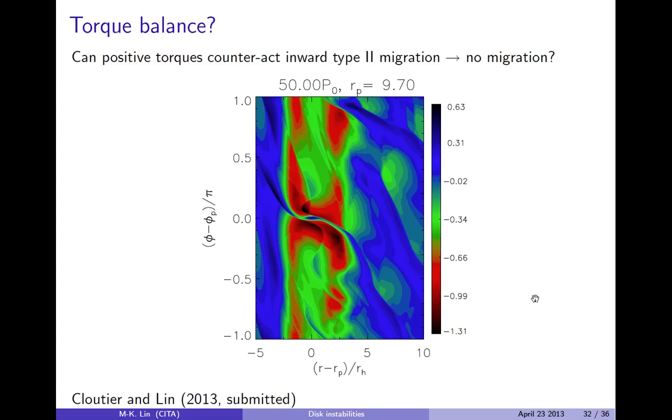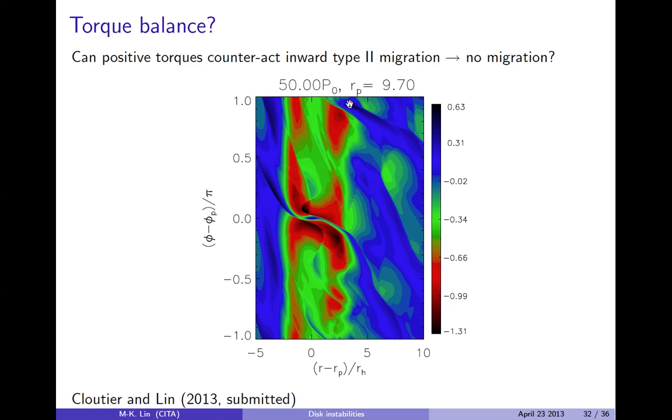So we thought maybe we found a case where the positive torque being provided by these unstable spiral arms is balancing out the Lindblad torques. The Lindblad torques are associated with the wakes induced by the planet. So that's these two streams here. These things typically provide a negative torque on the planet, so the typical result for planet migration is inwards.